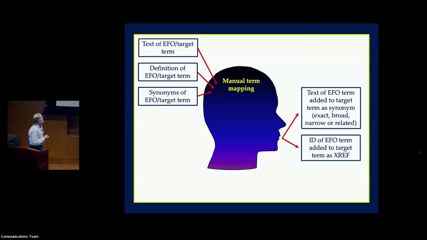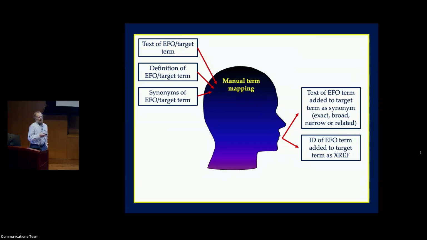So we took into account, again, the text of the EFO term and the target term, definitions of the EFO and the target term, and the synonyms of the EFO and the target term. And we had to decide if there was a term in the targeted ontology to match the one that we got from EFO.